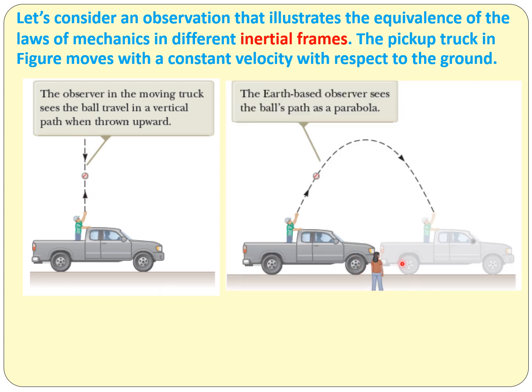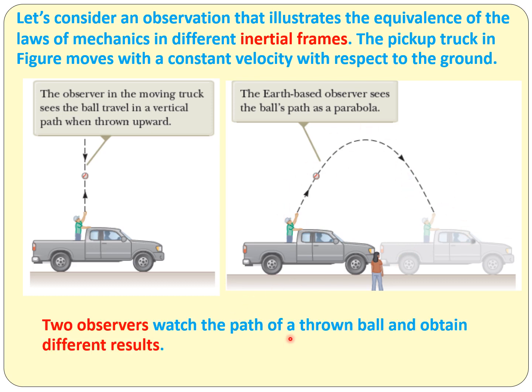But if the observer is outside of the truck, suppose the observer is on the road and the truck is moving with constant velocity, then the path of the ball will look curved, a parabolic path, for this observer on the road. So that's why the position of the observer is very important. Two observers, one with the moving frame and one observing from another frame of reference at rest, see the path of the ball differently.